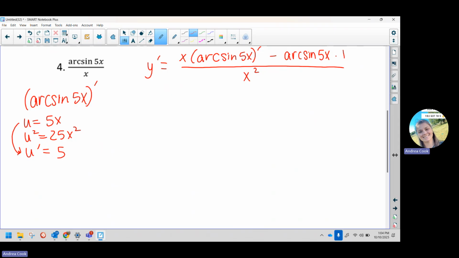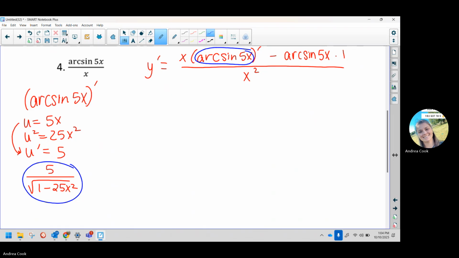So the derivative is u prime over the square root of 1 minus u squared. And that expression right here is going to go in that place.